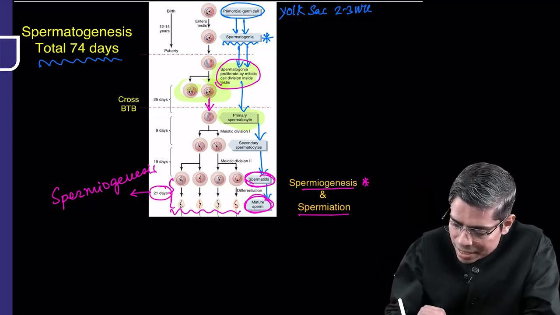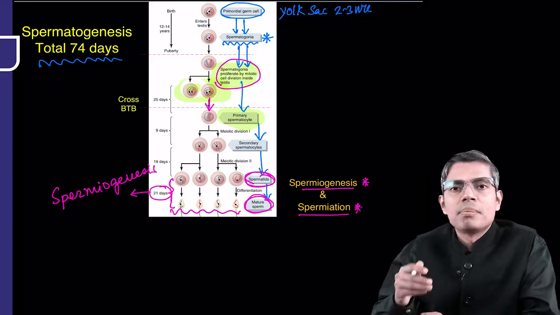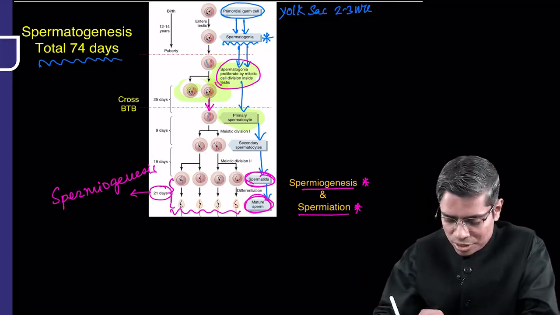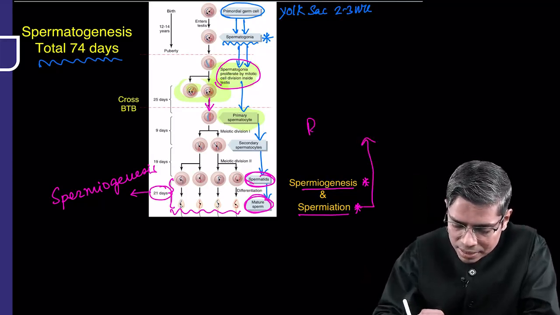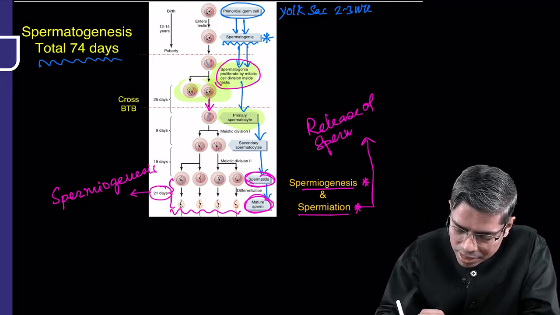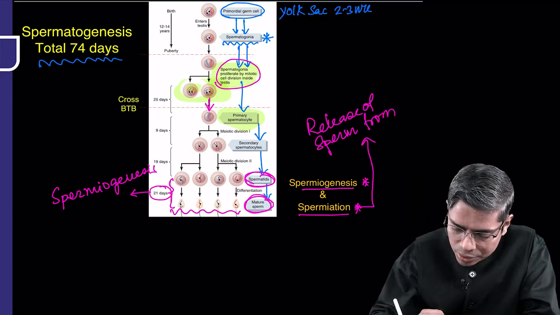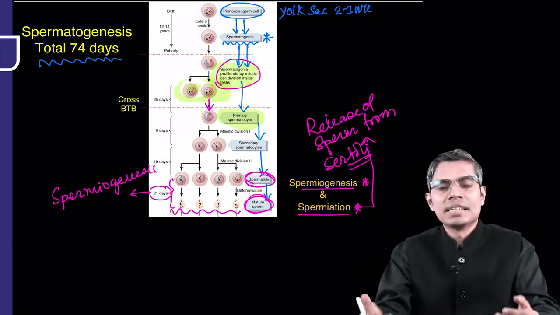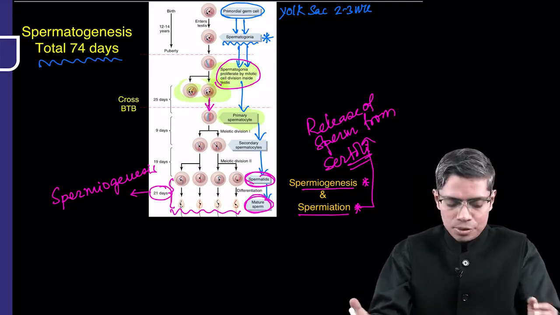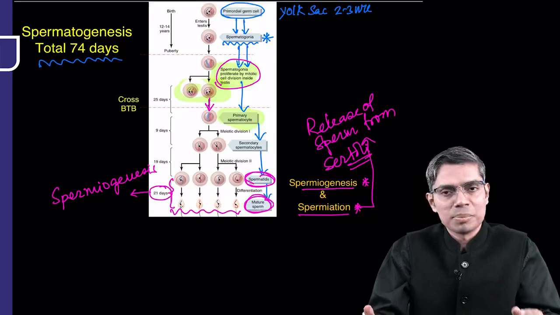So the release of sperm from Sertoli cell is known as spermiation. After release, now it will enter at the level of epididymis and its journey started. So this is the whole thing that you have to remember.